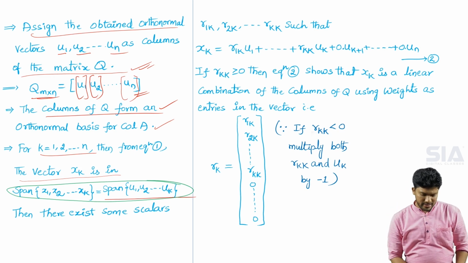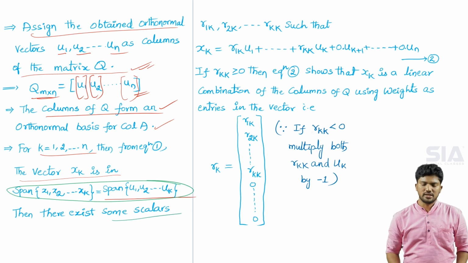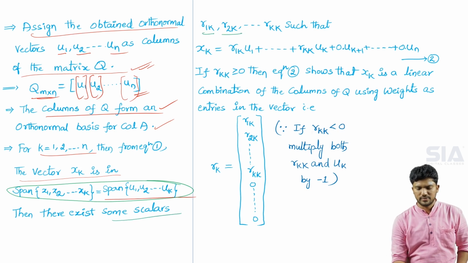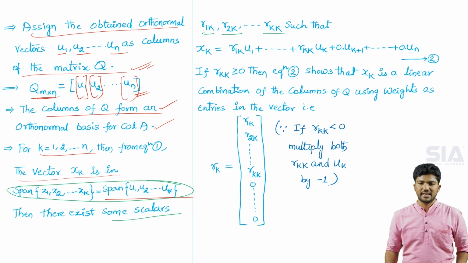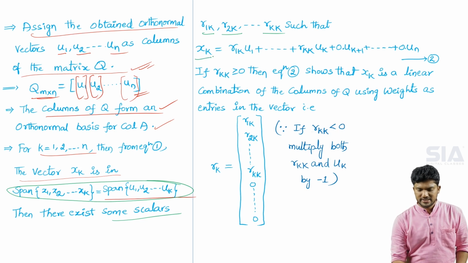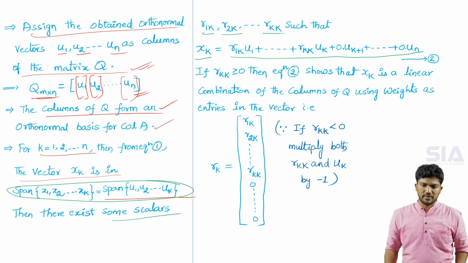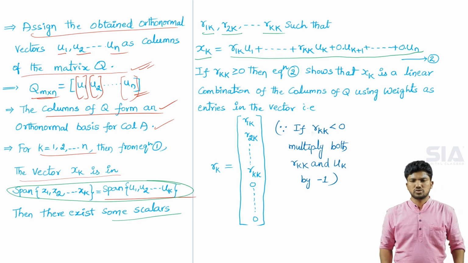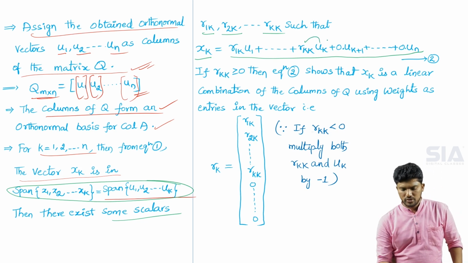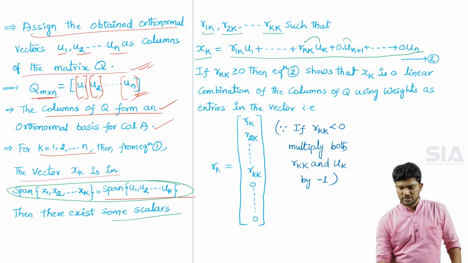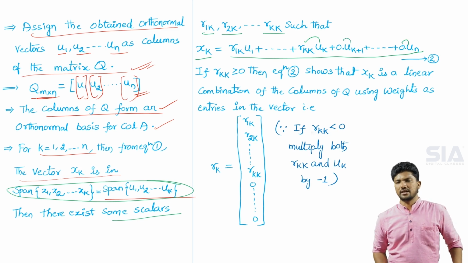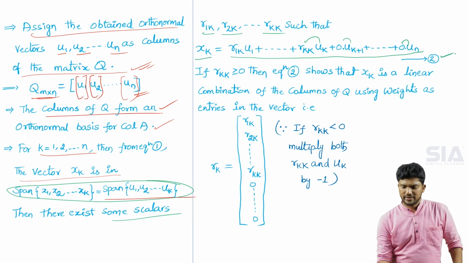Then there exist some scalars r suffix 1k, r suffix 2k, up to r suffix kk such that x suffix k is equal to the linear combination r suffix 1k into u1 plus, and so on, r suffix kk into u suffix k plus 0 into u suffix k+1, and so on, up to 0 into u suffix n. That is taken as equation number 2.